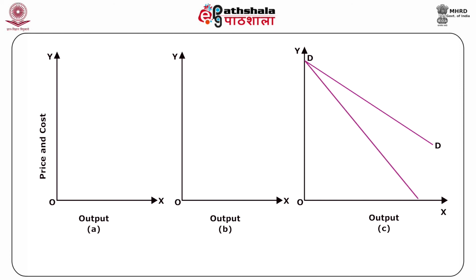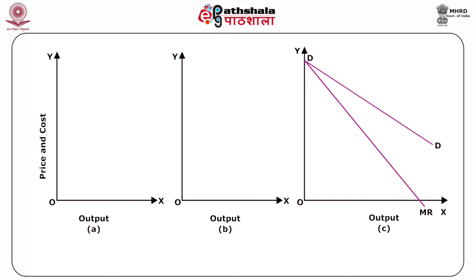Marginal revenue, that is MR curve of the cartel, is the addition to its revenue as a result of additions to its output and sales. The marginal revenue curve, just like monopoly, will position halfway between the demand curve DD and Y axis.